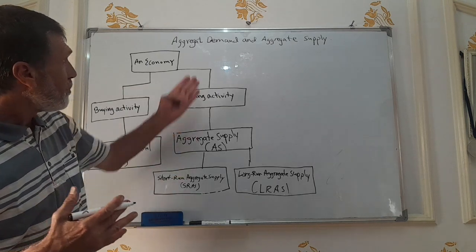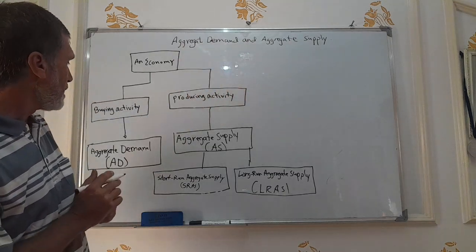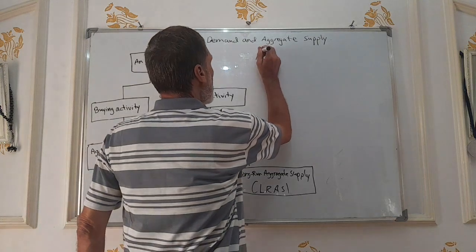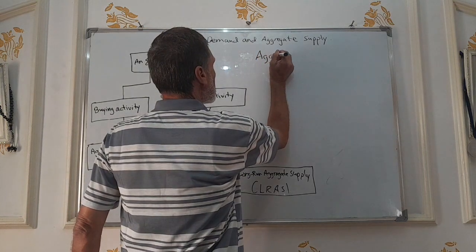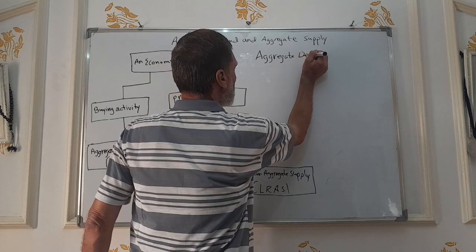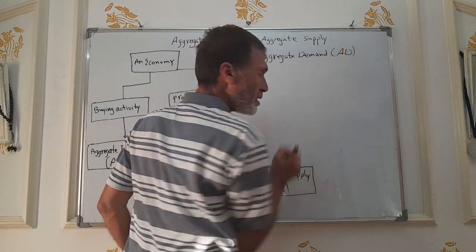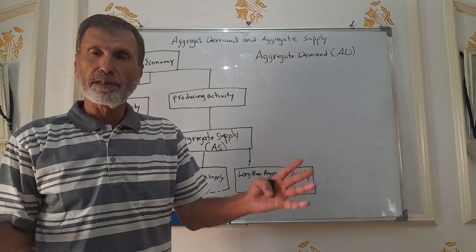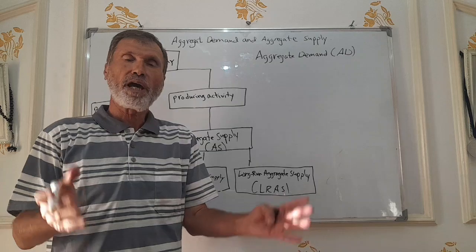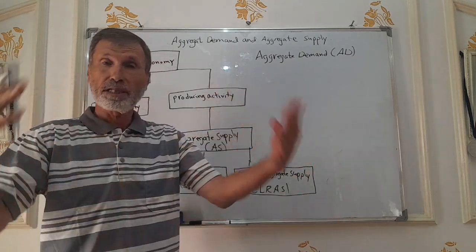Of course, our focus, as we said, is aggregate demand and aggregate supply. So let's start with aggregate demand. What actually do we mean by aggregate demand? When we say aggregate, we mean total, or sum. The total demands by the players of the economy, namely the consumers, the producers, and the government.